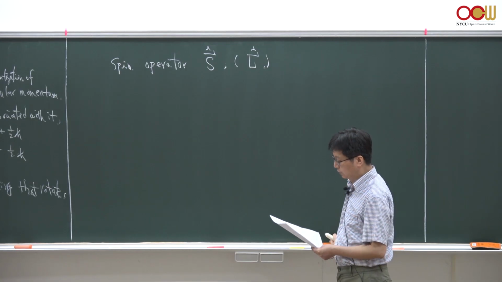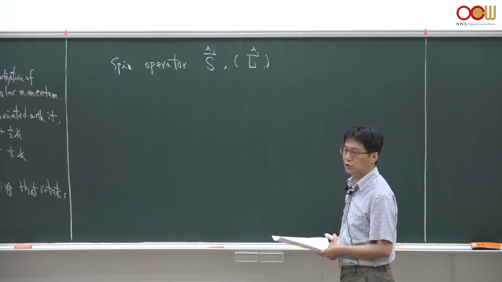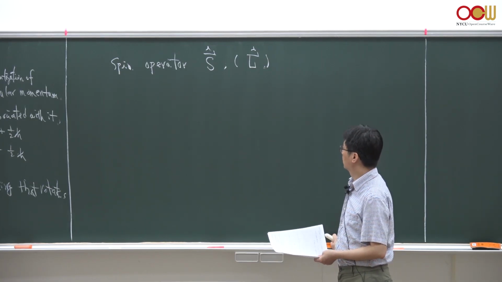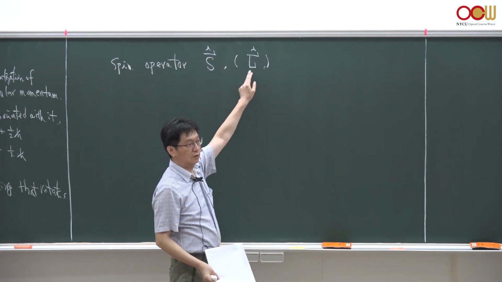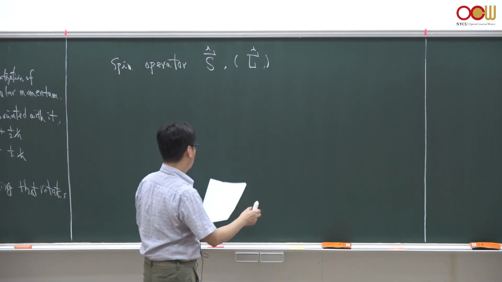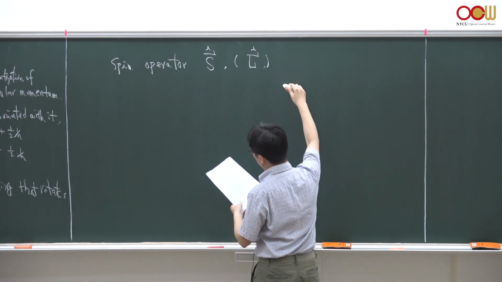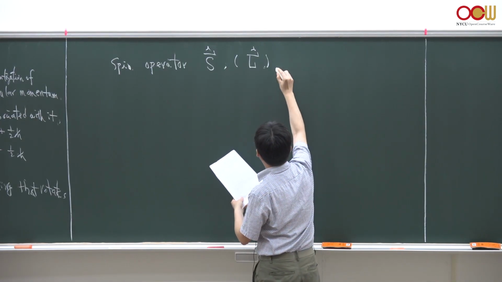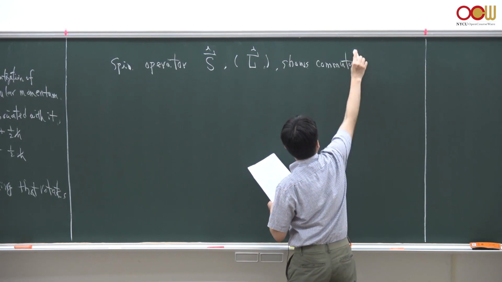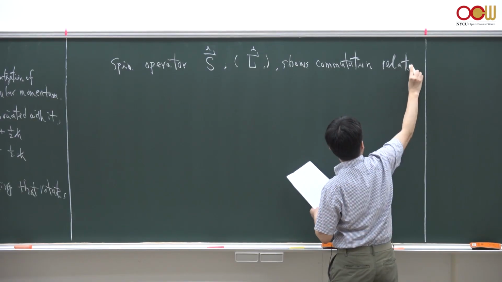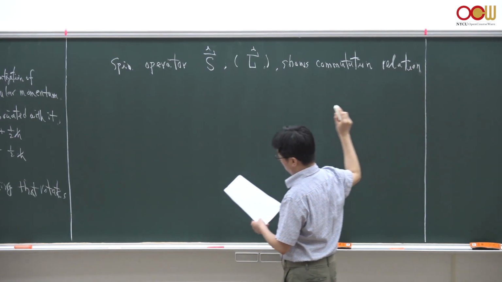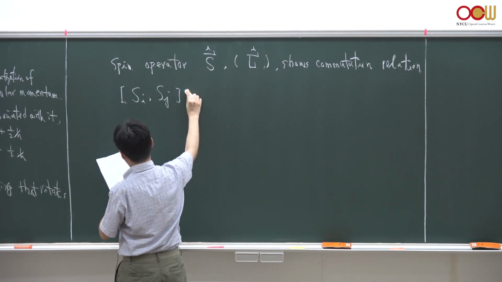For spin, we also have a definition of an angular momentum operator. Just like the orbital angular momentum operator, the spin angular momentum operator satisfies the same commutation relations.